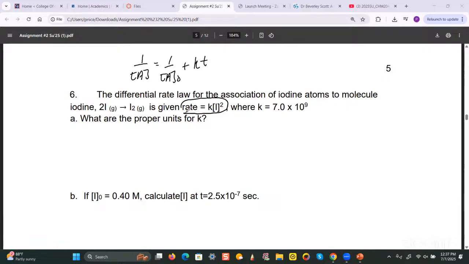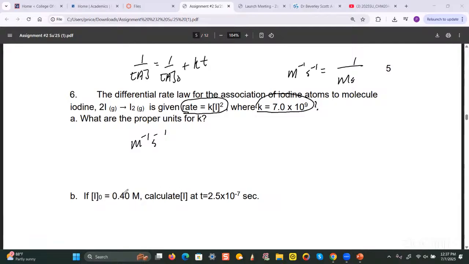So obviously this is a second order reaction. They also gave you K. Interestingly, they did not give you the units, right? In fact, the A part is asking for the proper units of K. And of course, we know that the units of K from the previous slide was M to the minus 1, s to the minus 1, or 1 over M·s, right? So that would be the answer here, M to the minus 1, s to the minus 1, all right?